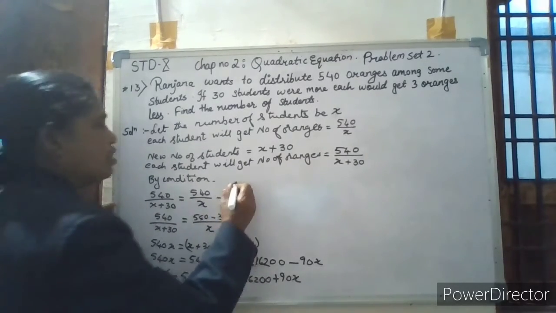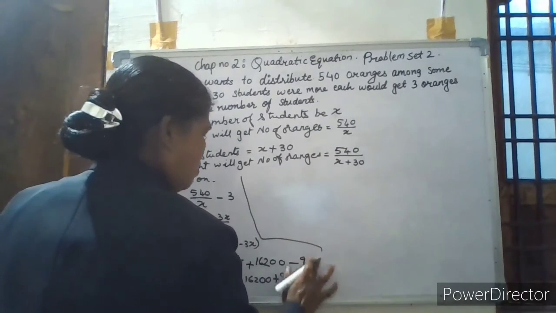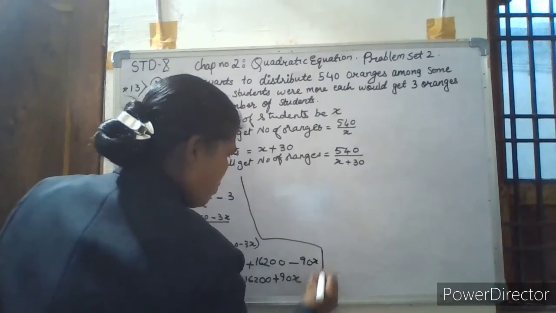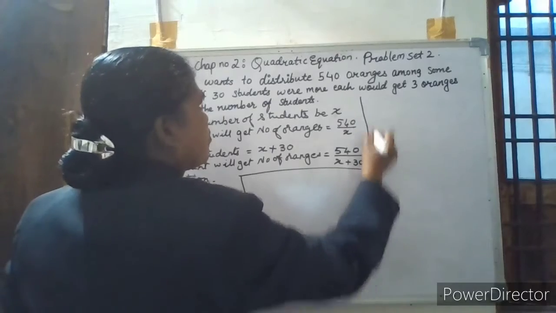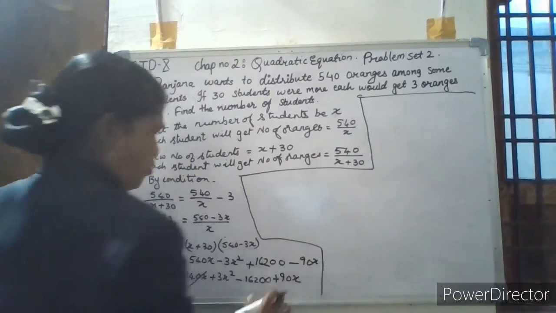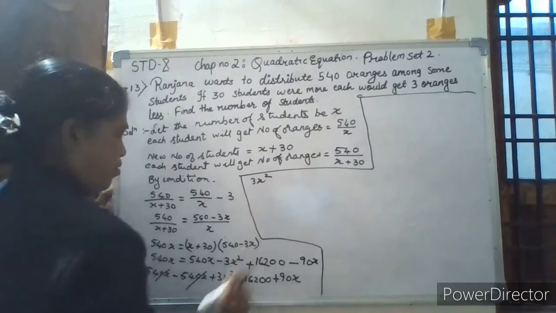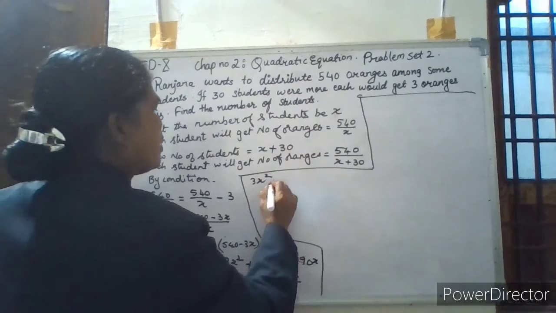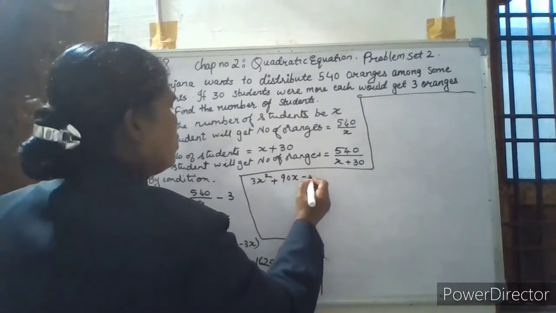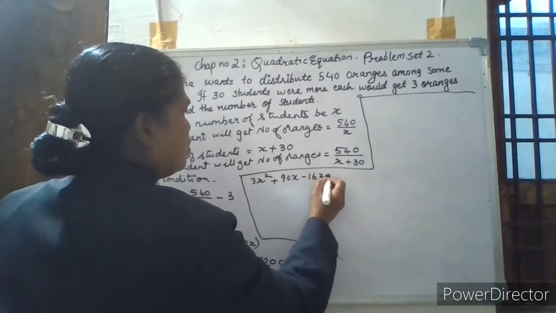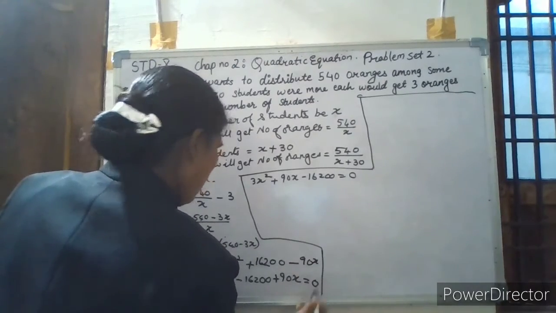So we are left with 3x squared plus 90x minus 16,200 equal to 0, in the general form.